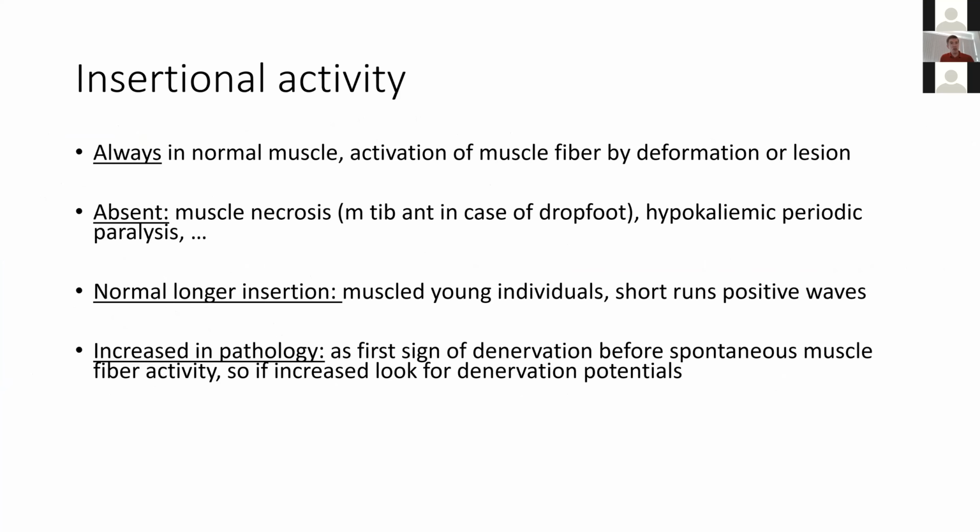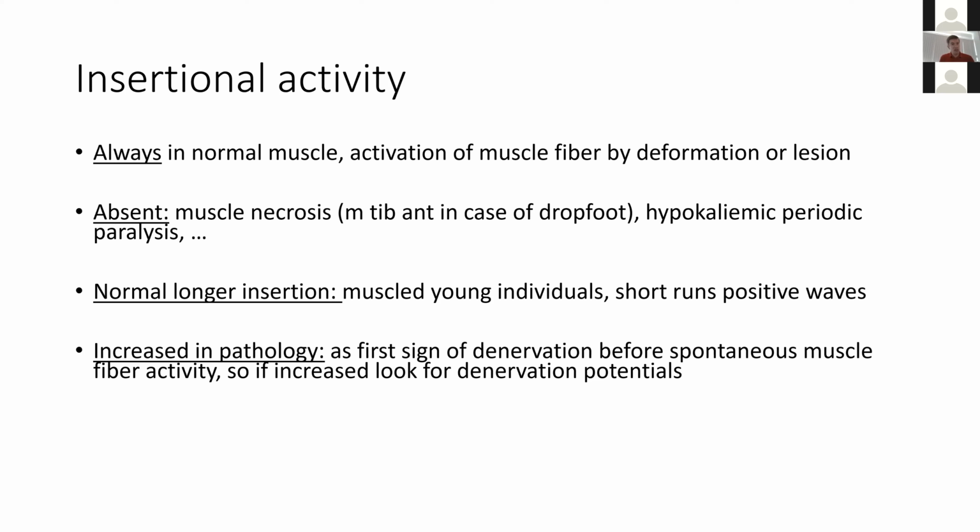First of all, when we insert a needle in a muscle, we hear some insertional activity. This insertional activity is seen as soon as the electromyographer inserts the needle in the muscle. It always appears in normal muscle, as its source is the activation of muscle fibers by deformation or lesion. This insertional activity is absent due to muscle necrosis, as it appears in, for example, hyperkalemic periodic paralysis.